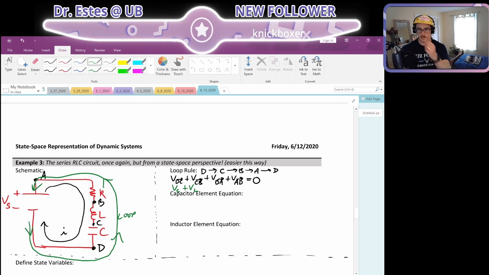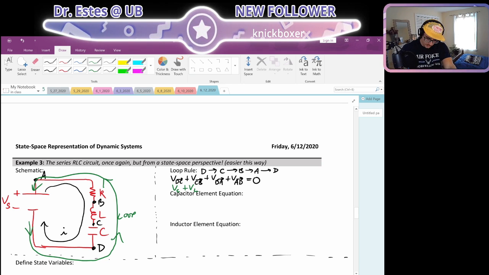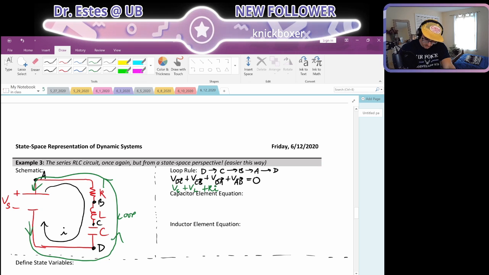If I was going the other way, it'd be minus. When I go across the resistor, I'm just going to use Ohm's law in there. It's going to be plus RI.